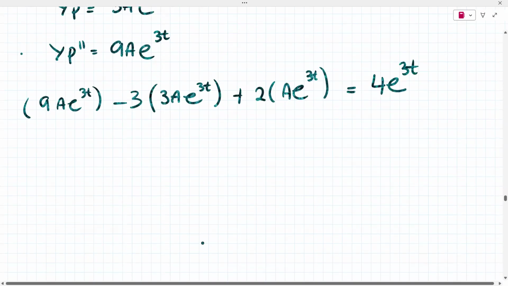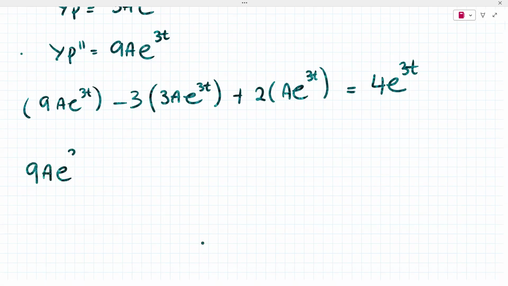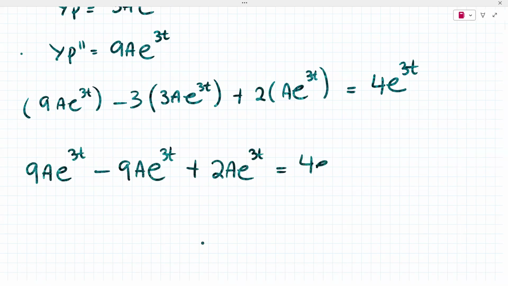So when you clean this up, this is going to be 9ae to the 3t minus 9ae to the 3t plus 2ae to the 3t equals 4e to the 3t.